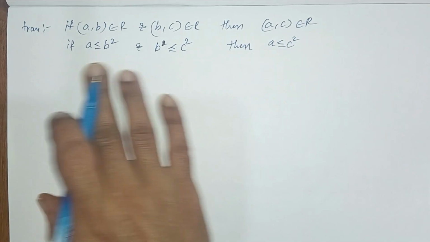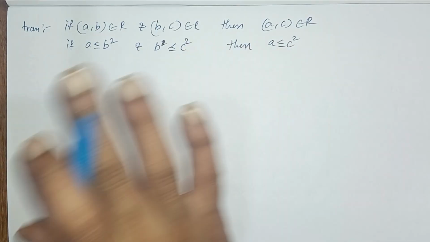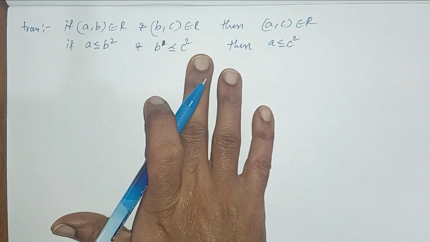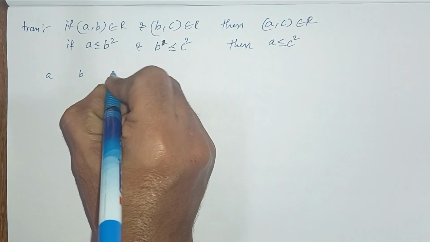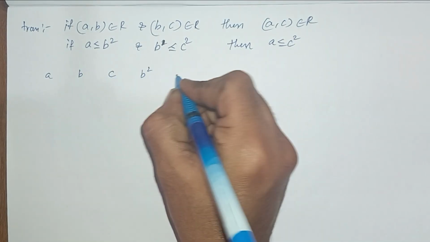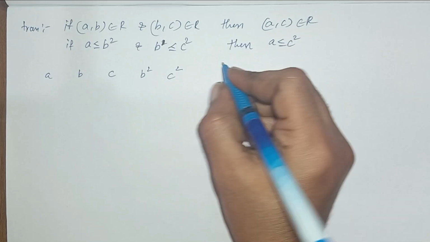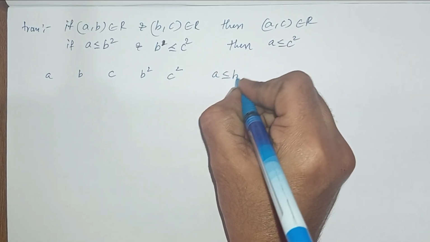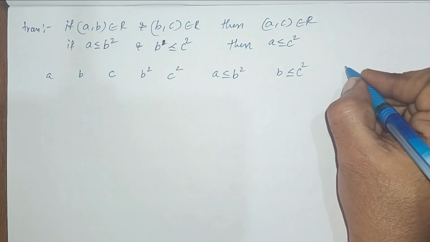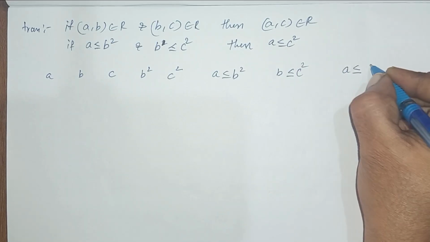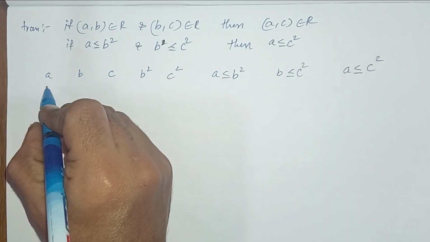So it should satisfy these three conditions, then only those elements will be in our relation.